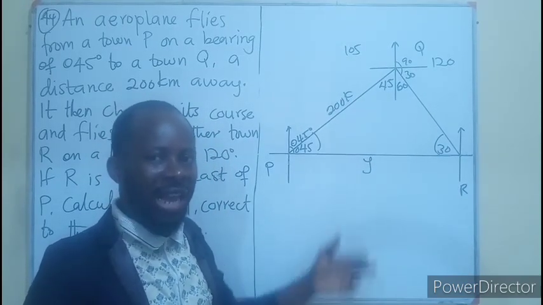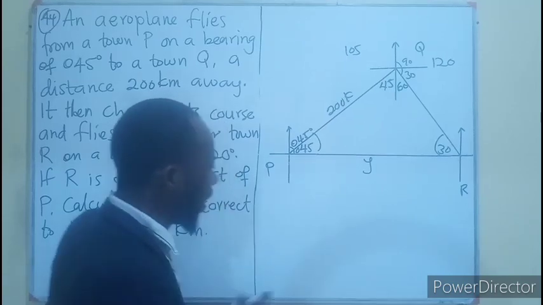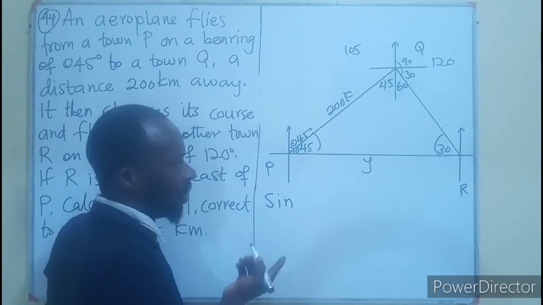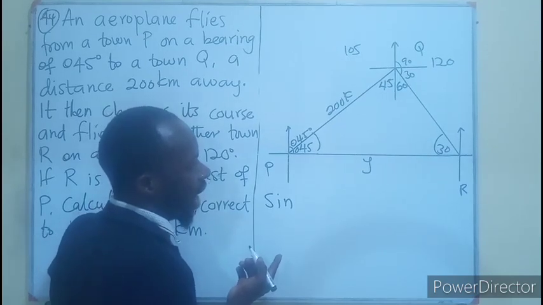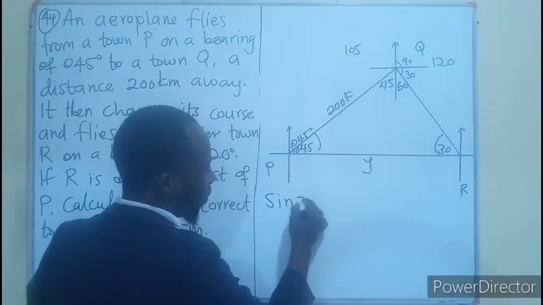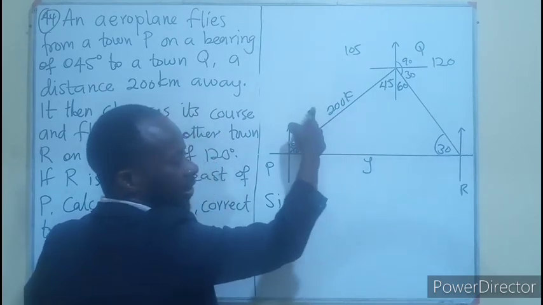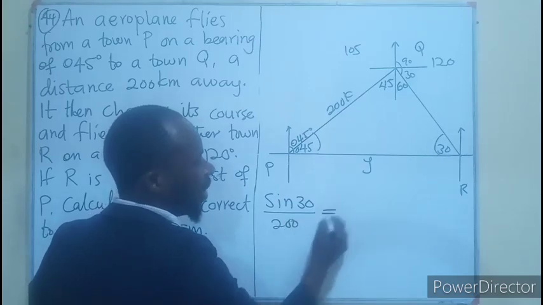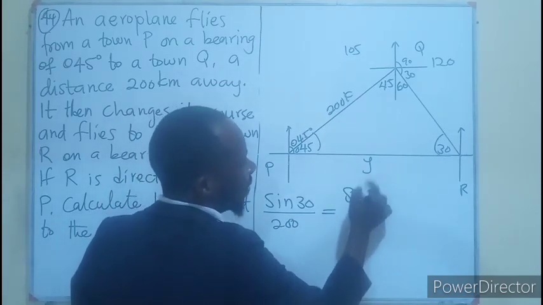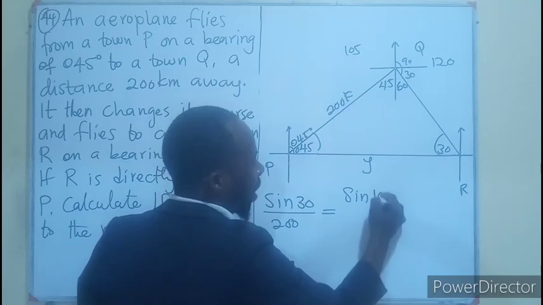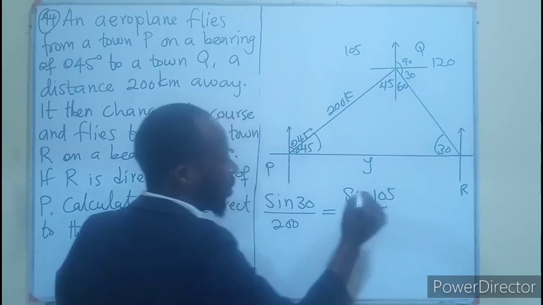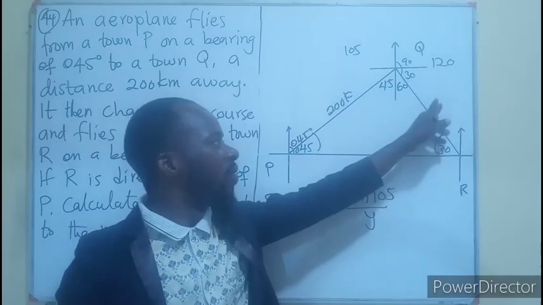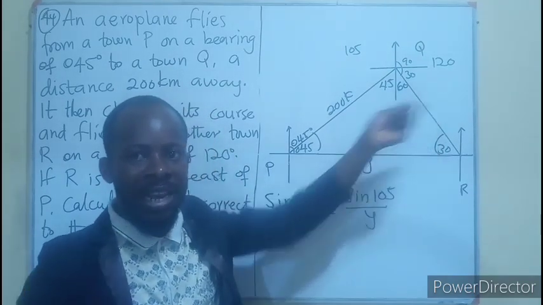So we can easily use the sine rule, which says that the sine of the angle, so let me just say I want to use the angle 30, which is opposite to the length 200. So divided by 200 should be the same as the sine of this 105 divided by what? Y. It could also be sine 45 divided by this, which we are not concerned about.